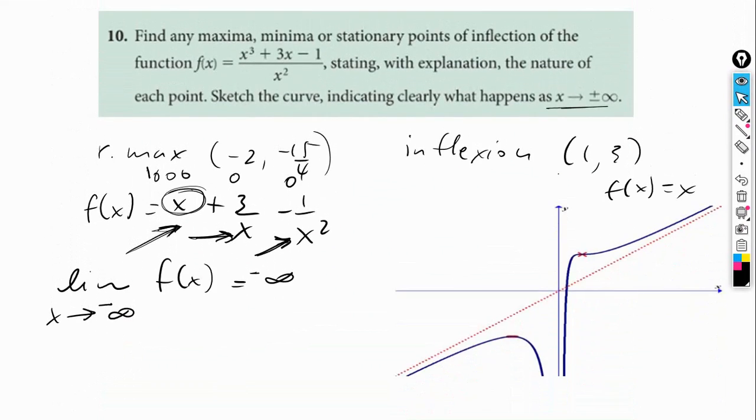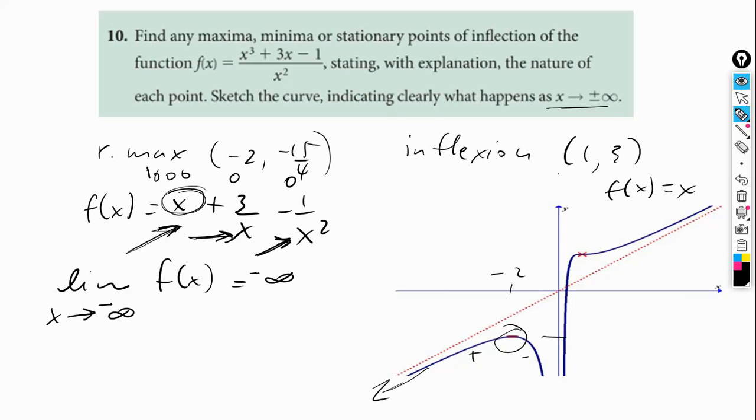So this is what the graph would look like. Notice that it's coming from negative infinity. So as x approaches negative infinity, the graph approaches negative infinity. Then here is a relative maximum at -2, -15/4. Then notice that there was a change of sign, right? The slope was going up, it was positive, then it came back down. So that's how we knew it was a relative maximum.